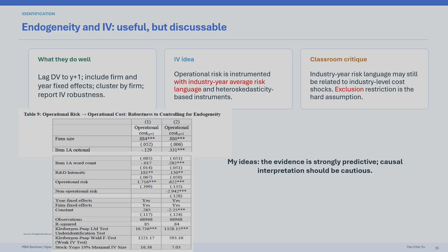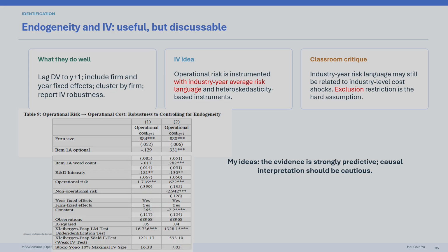But this IV choice has some concerns. The exclusion restriction is a hard assumption to satisfy. You're using the industry average, which could affect the operational risk, but you have to rule out that it impacts the operational costs in the next term.